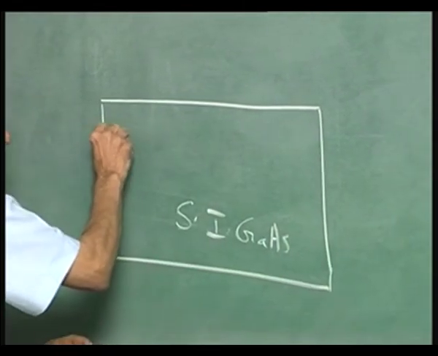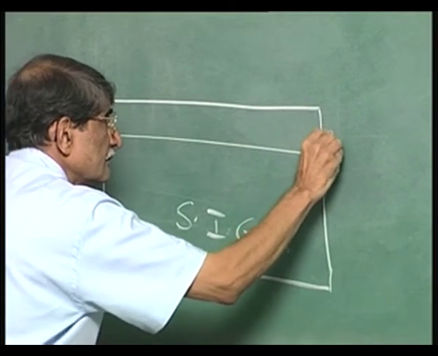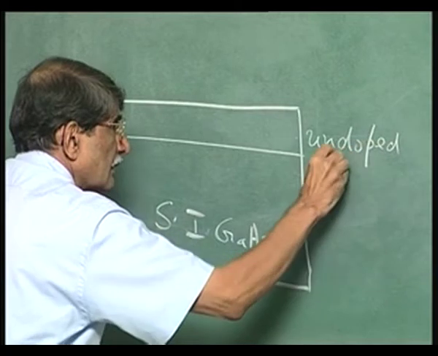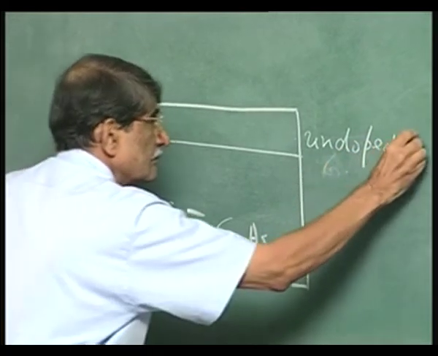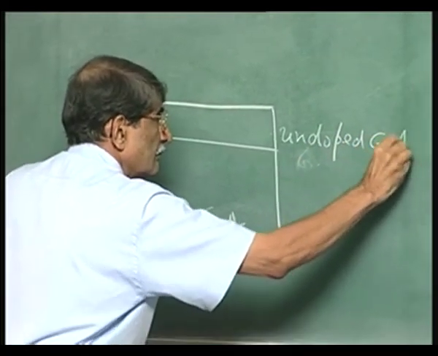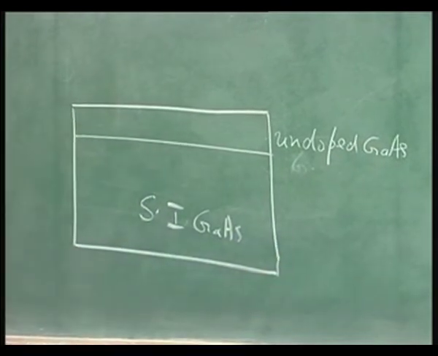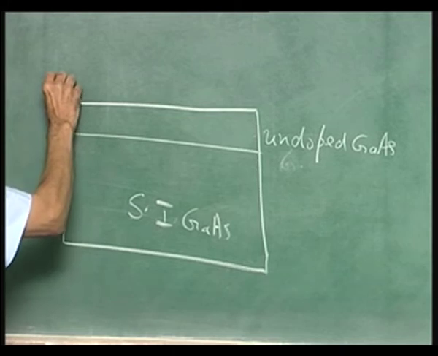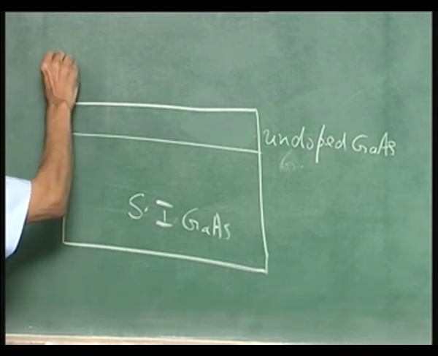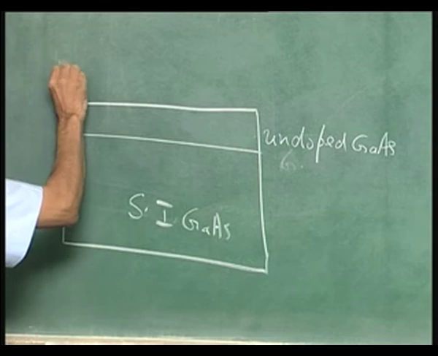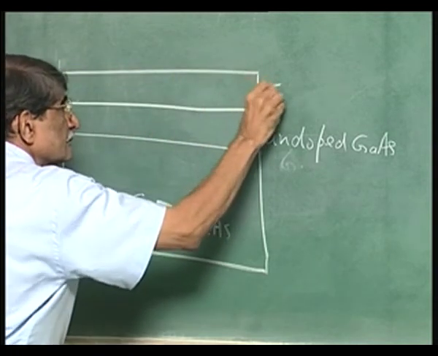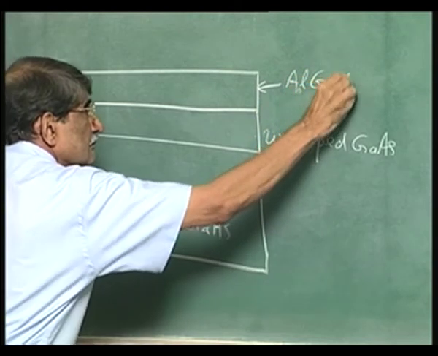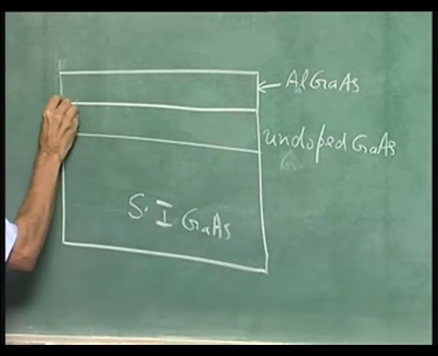Then you have the undoped gallium arsenide, okay, and then you have got the aluminum gallium arsenide. You may have a small layer put there which is undoped.